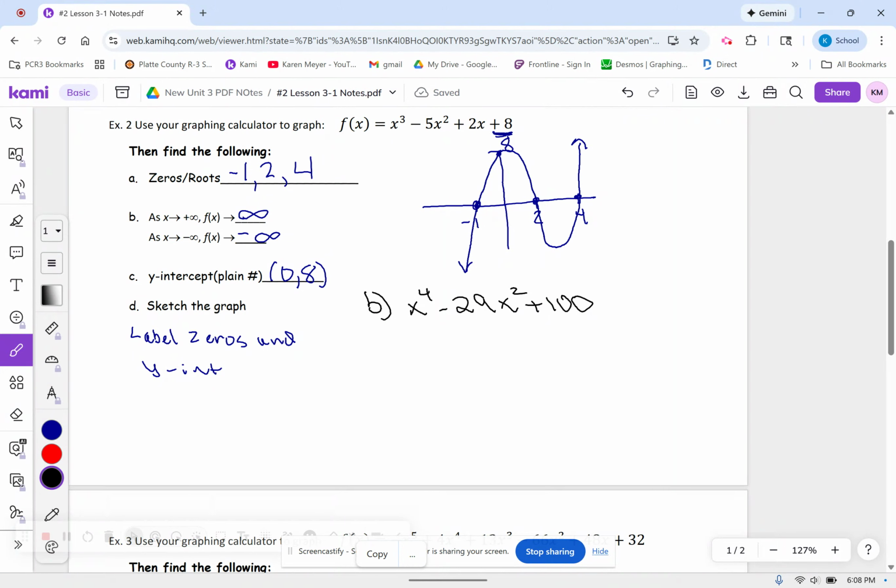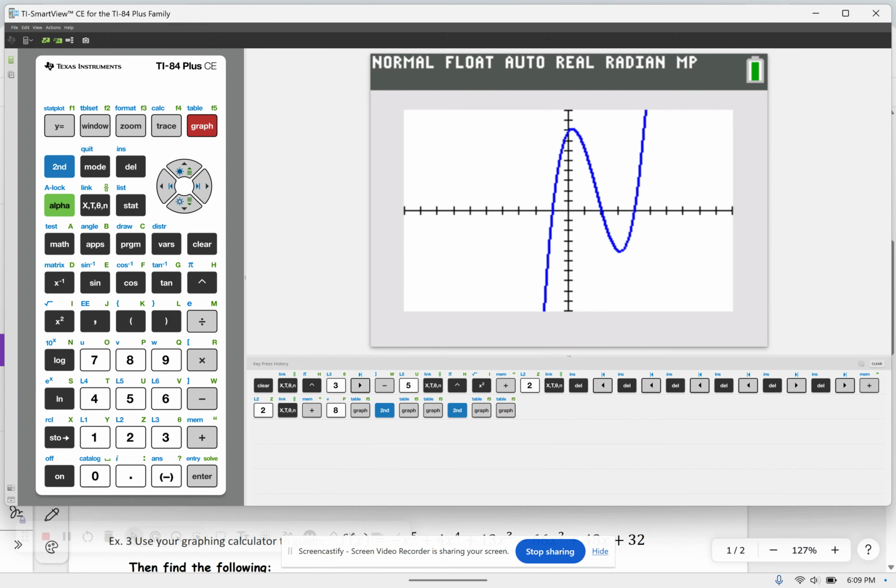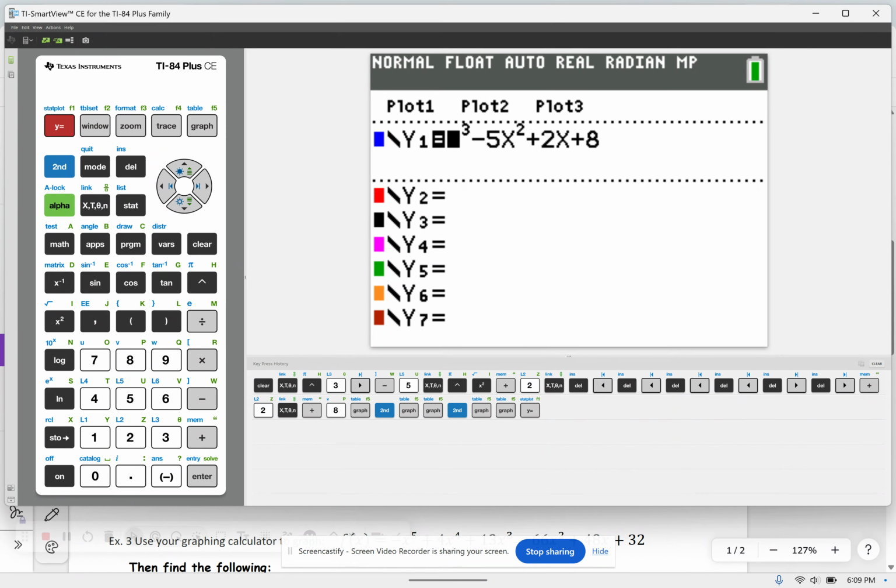Because now we're going to run into what happens is you might not be able to see your entire picture. If I went back to my graph in the calculator, when I typed in the polynomial, I got to see the entire picture from the first one. Wonderful. But when I get ready to type this one in, we're going to run into a small issue.